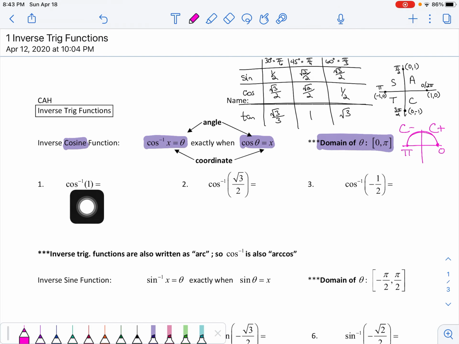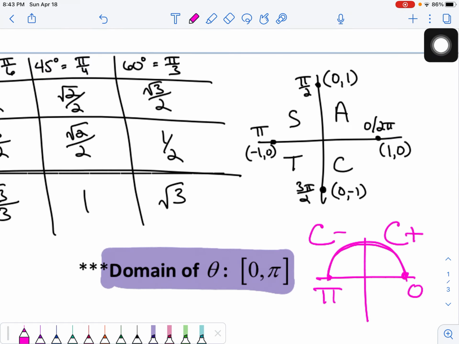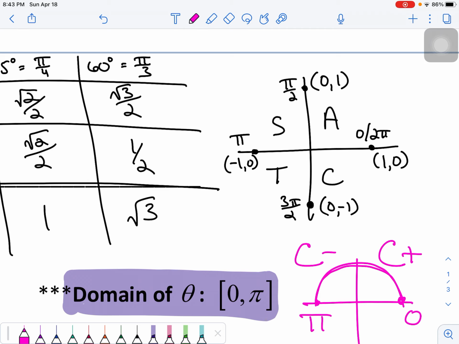I want to know the inverse cosine of 1. So I know this is 1. If I look at my trig chart here, 1 isn't listed. So now I want to look at the ASTC chart, and I'm going to zoom in on that. And I want to remind you that every ordered pair on the unit circle is in the form cosine theta, sine theta.